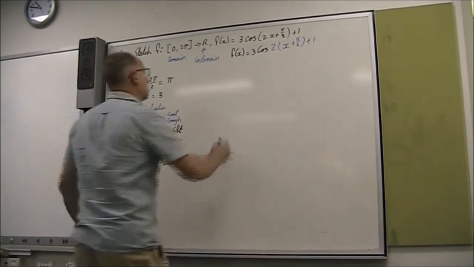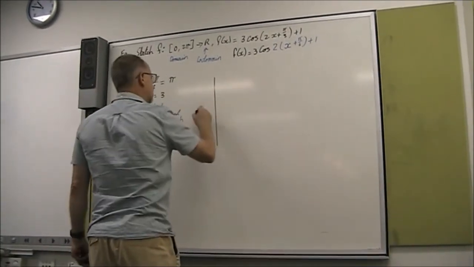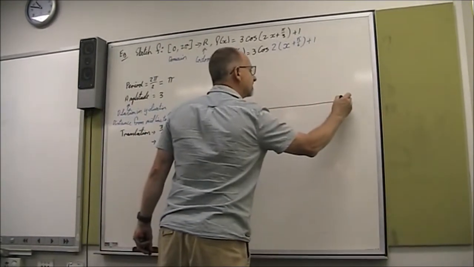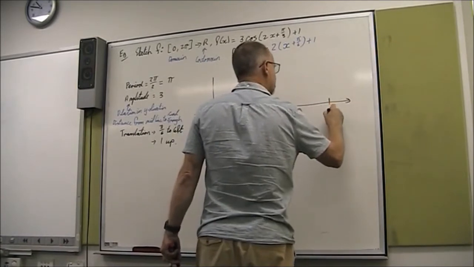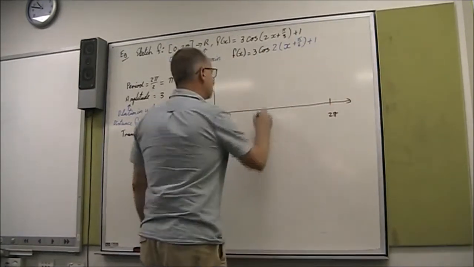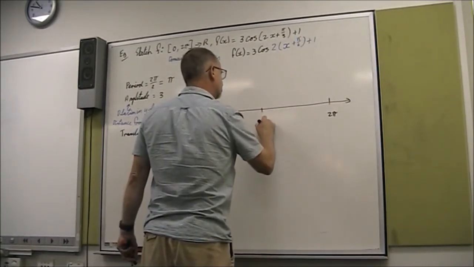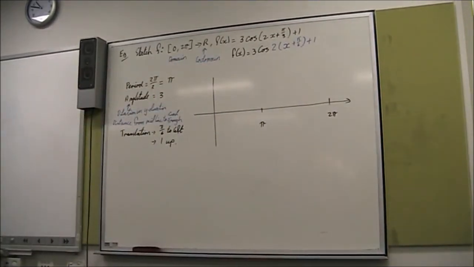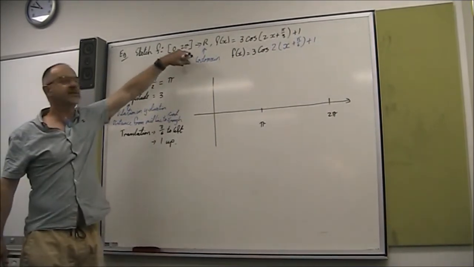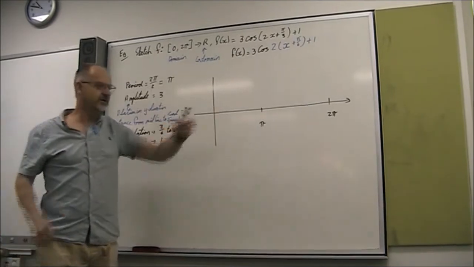Alright, so let's sketch this. So this is how I go about sketching. Something like this. Alright, 2 pi and pi. I've got them marked in. I've gone up to 2 pi because of my domain, so I've gone from 0 to 2 pi.